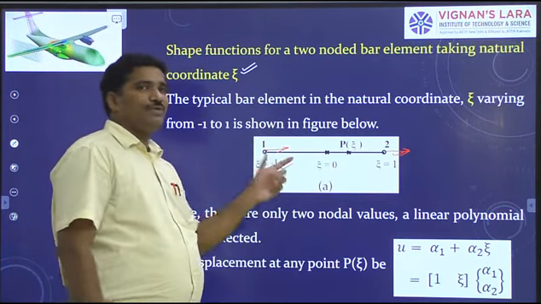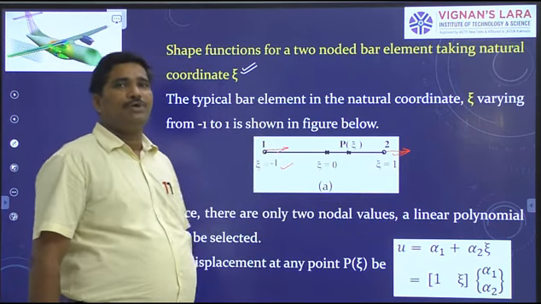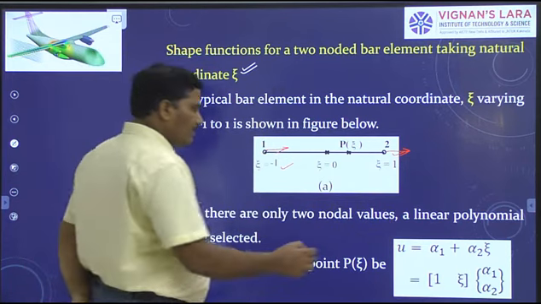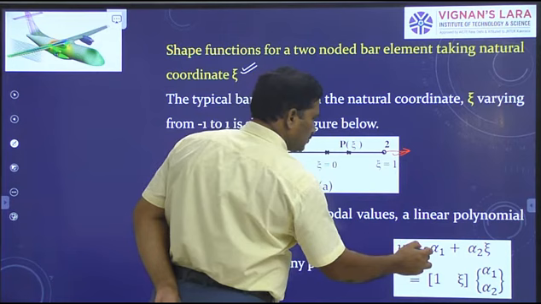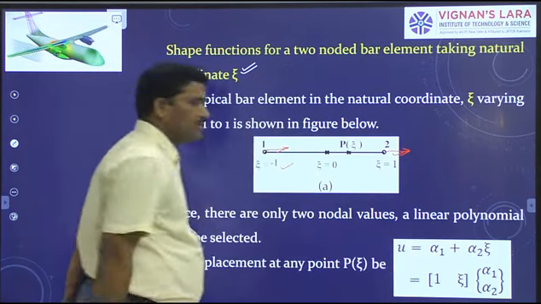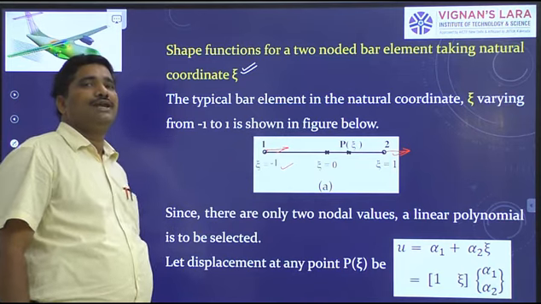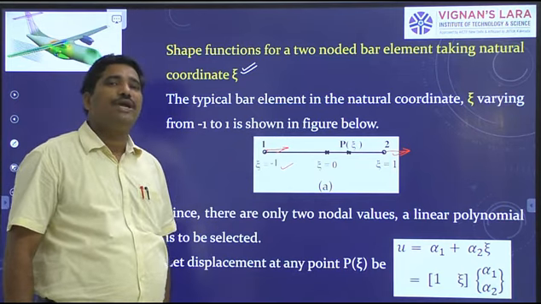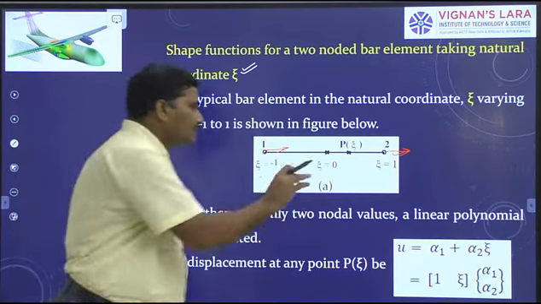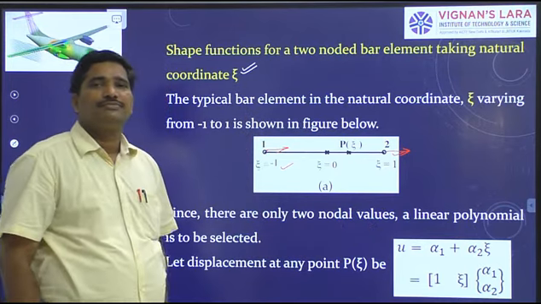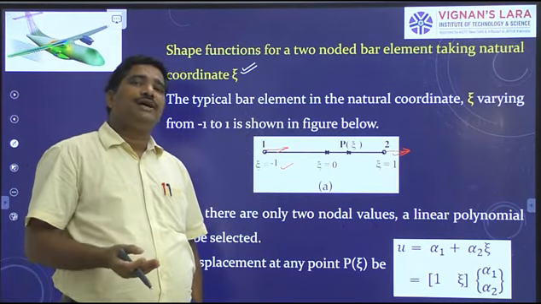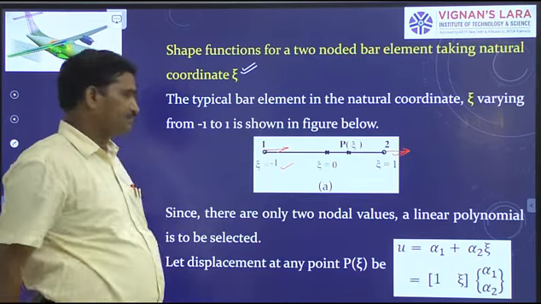There are 2 degrees of freedom, hence we take 2 constants in the polynomial. So how do we write it? Hence u equals alpha 1 plus alpha 2 into ξ, where alpha 1 and alpha 2 are the generalized coordinates which we have to determine and substitute in this, from which we obtain the shape functions.